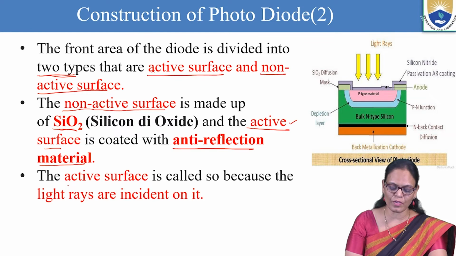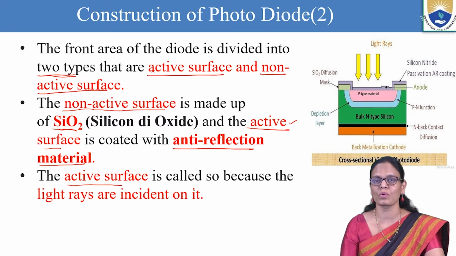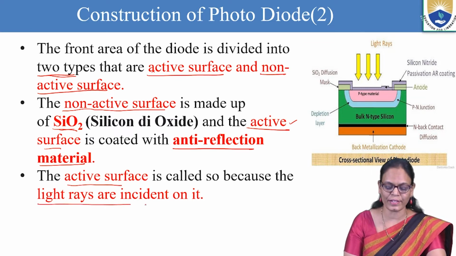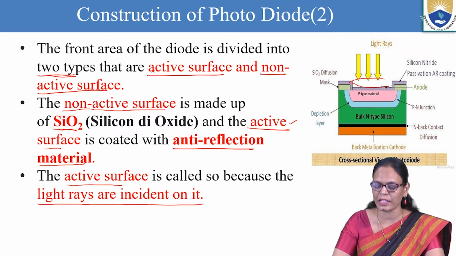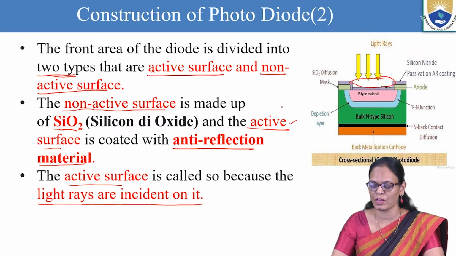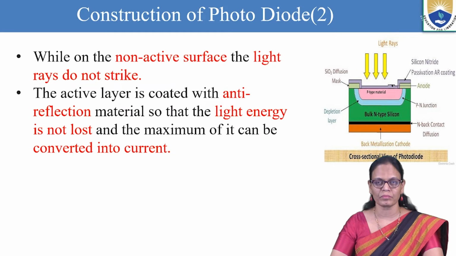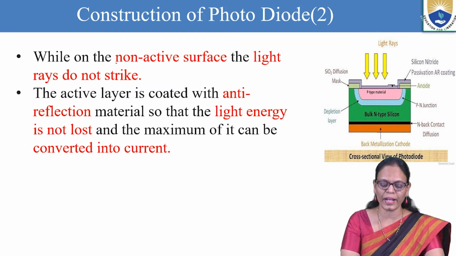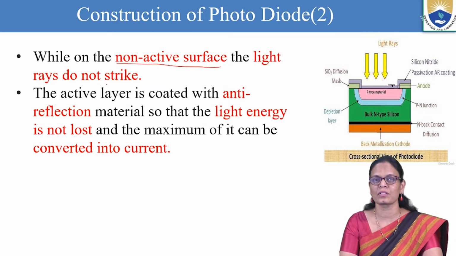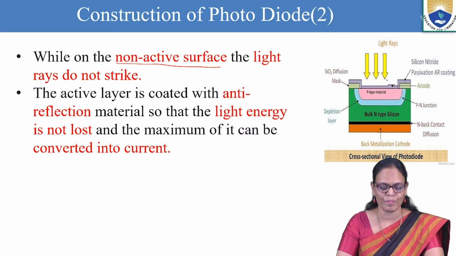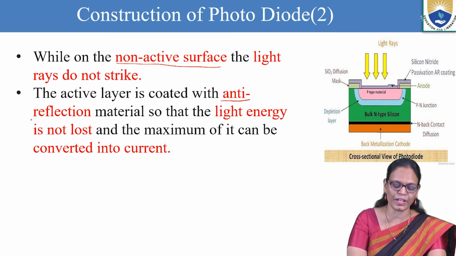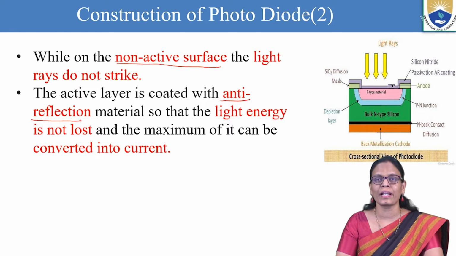Now this active surface is called so because light rays are incident on it. So the region where the light rays are incident, we are calling it as active. So I can say this region is the active surface area. While on a non-active surface, light does not strike. So no light is falling on the non-active surface.